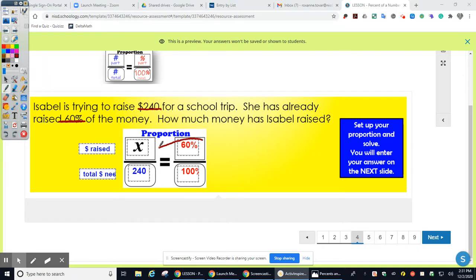So I'm going to do 60 times 240. And watch, we can do this easily. I'm going to just multiply 24 times 6. I see 4 times 6 is 24. 6 times 2 is 12 plus 2 is 14.